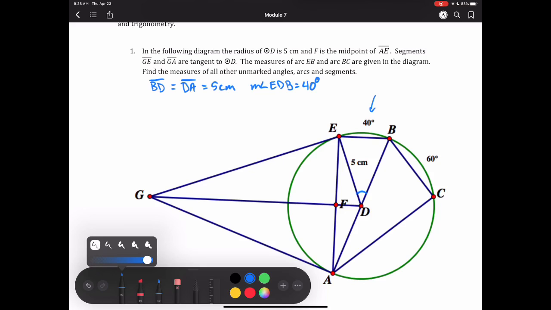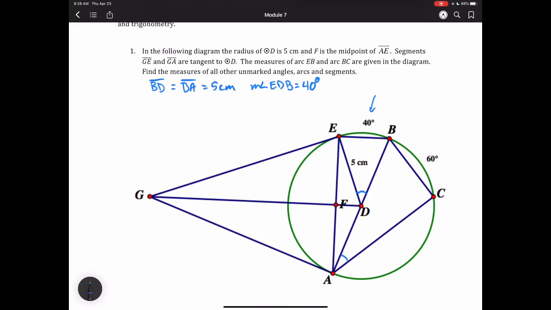Then I also know that an inscribed angle is equal to half the measure of the arc it intercepts. So I can say the measure of angle BAC is equal to 30 degrees because it's half that arc measure.